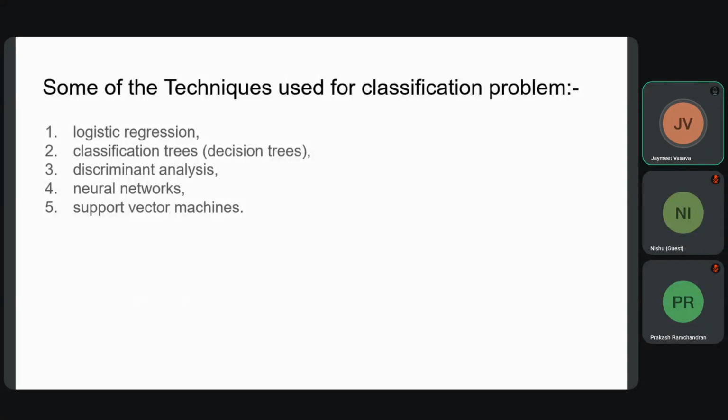Then support vector machines try to classify by separating the data points with the use of a hyperplane and finding the most optimum feature space while maximizing the margin between them.